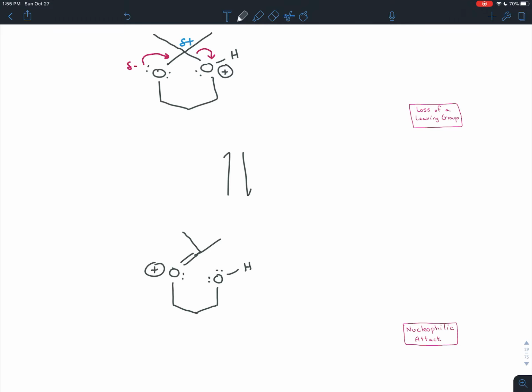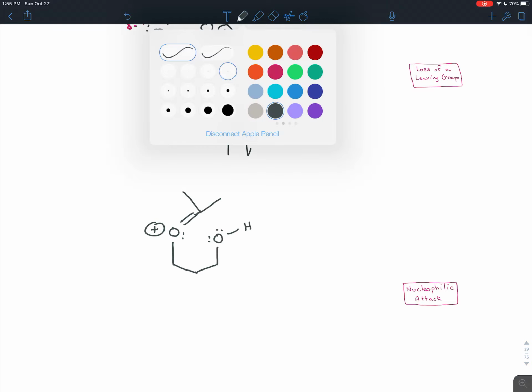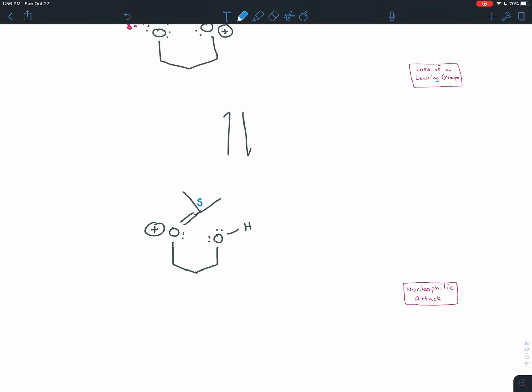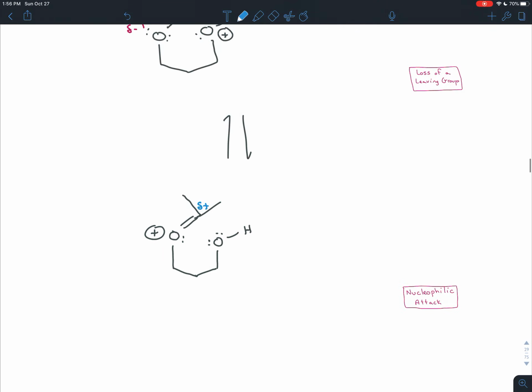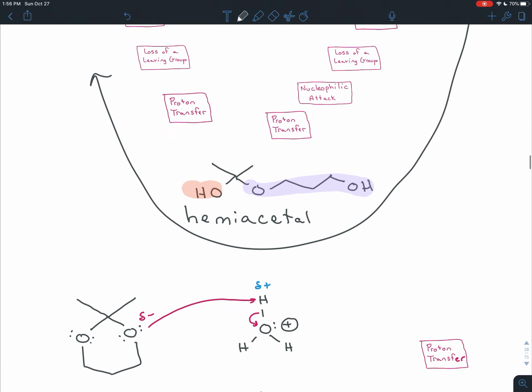Now this oxygen on the left has 3 bonds, so it has a full positive charge. And what you'll see here is that we have a really good electrophile. This carbon here is a really good electrophile because it's double bonded to an oxygen, so it's really losing electron density that way, and the oxygen has a full positive charge, so it can really tear the electron density away from that carbonyl carbon. So the carbonyl carbon here is very slightly positive. It doesn't take a lot for a nucleophile to come in and attack it.